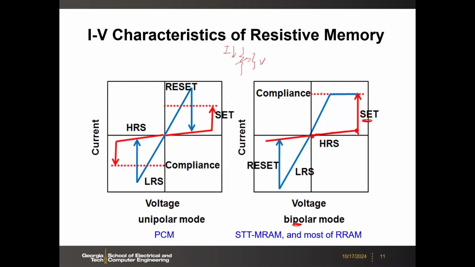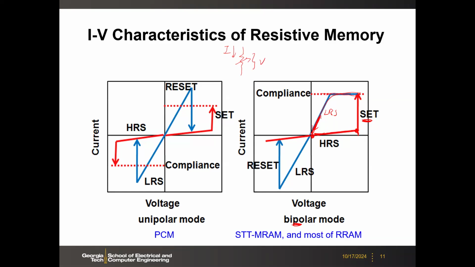And typically you have to limit the current by an access transistor or something to prevent a permanent breakdown, because the current will be too high if you do not limit the current by this compliance. But after that, if you sweep the voltage back, then you will get the low resistance state, LRS, right? Why is this low resistance state? You know the slope, right? Or 1 over the slope is the resistance.